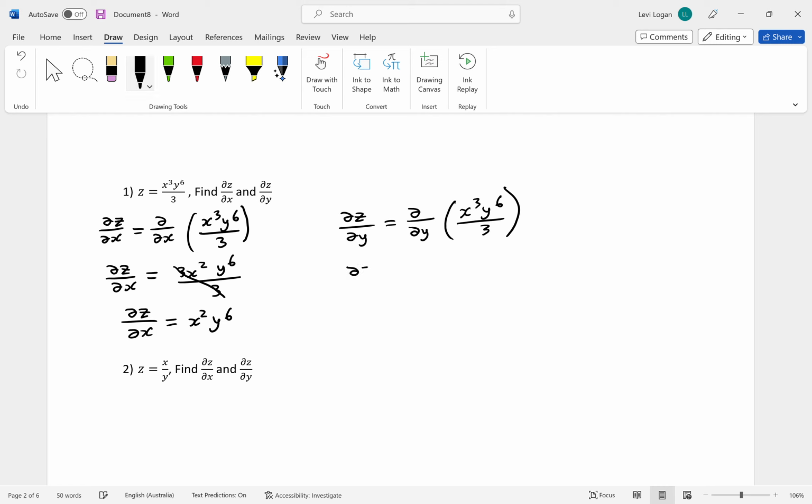So delta z over delta y is going to be equal to 6y to the 5 x cubed over 3. That whole thing can simplify to 2 on the top because 6 divided by 3 is 2. So delta z over delta y is equal to 2y to the 5 x cubed. Boom. Done.